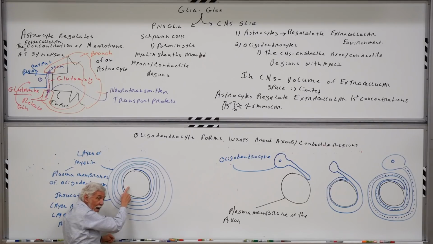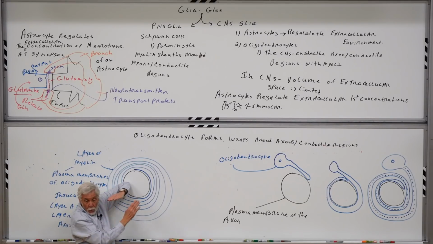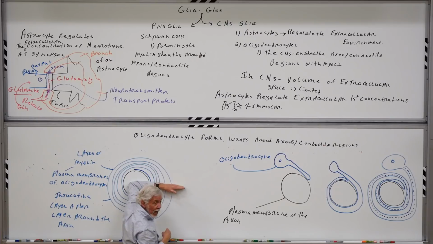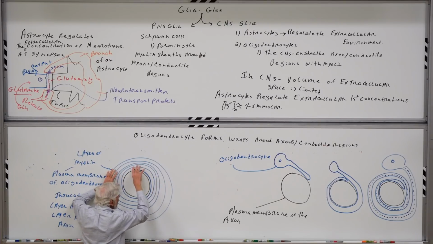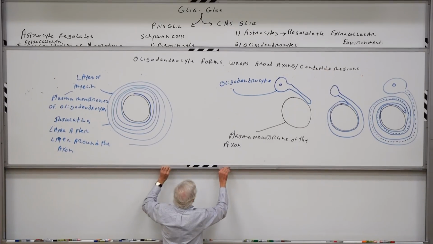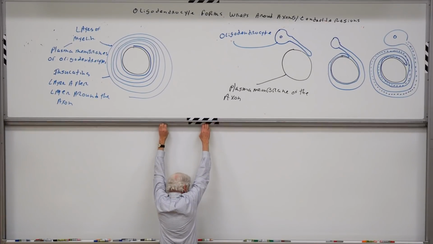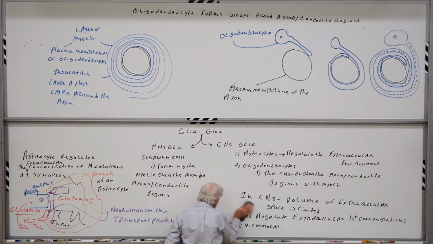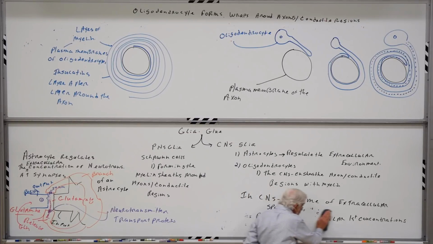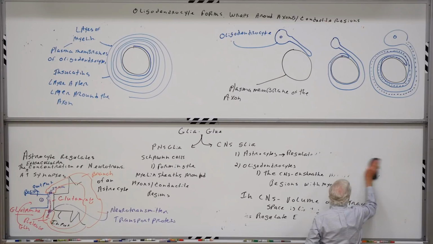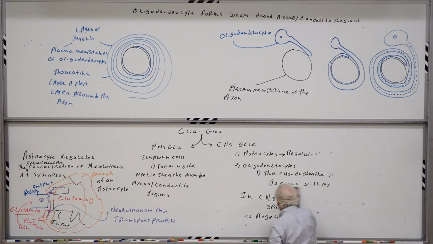But what I want to do now is change the orientation. So where we're looking at this as a cross-section and looking down the axis of the axon, now what I want to do is take this and turn it at right angles and think about what this image is going to look like if we view it at right angles. So we'll go up here to the upper panel and we'll label this panel as the longitudinal view of oligodendrocytes.